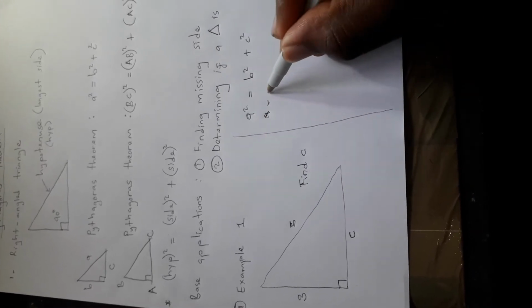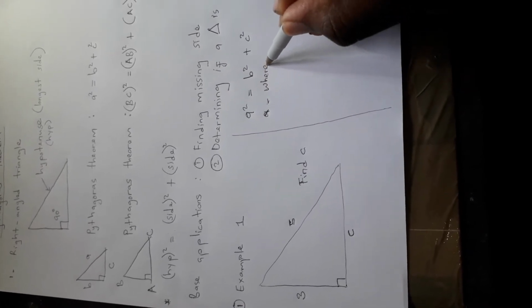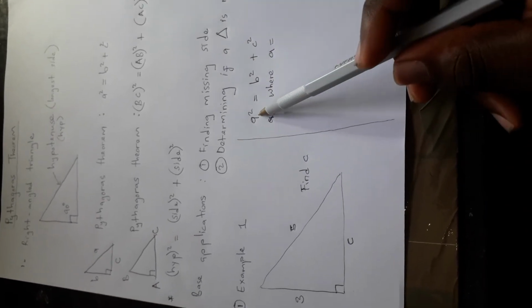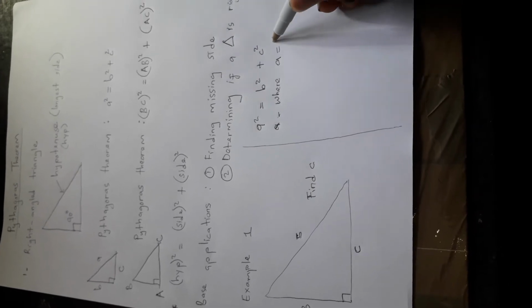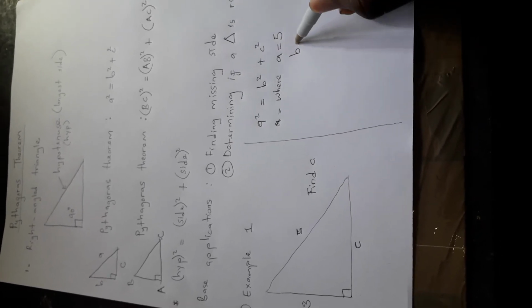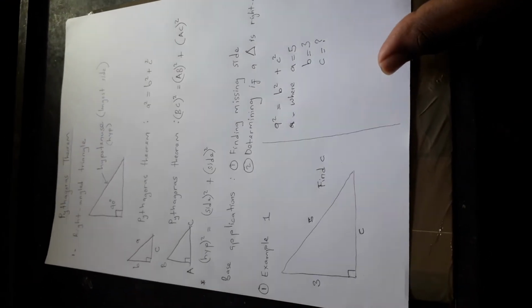A squared is on the left hand side. So A is the hypotenuse. The hypotenuse in this case is 5. So you are going to say where A is 5, then B you can take it to be 3, and C is what you are looking for. Right.